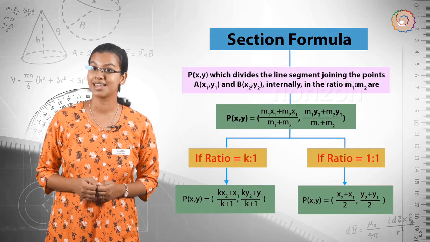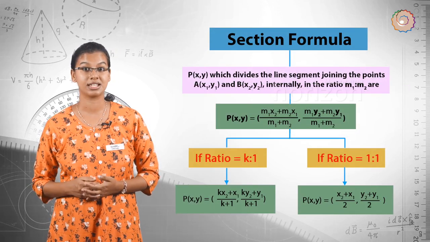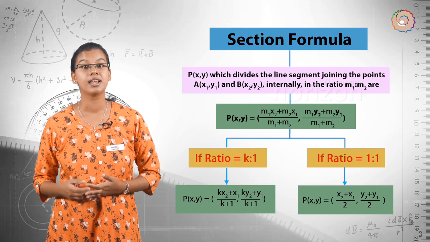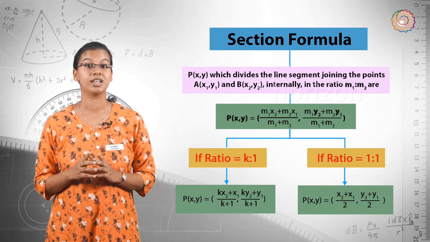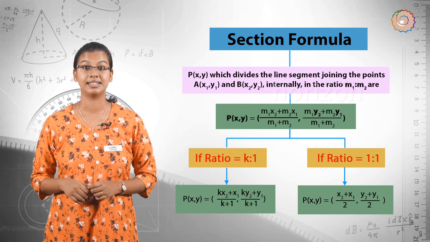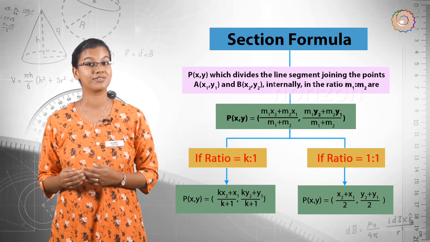If the ratio is k is to 1, then it is ((k x2 plus x1) divided by (k plus 1), (k y2 plus y1) divided by (k plus 1)). And if the ratio is 1 is to 1, then it is ((x2 plus x1) by 2, (y2 plus y1) by 2).